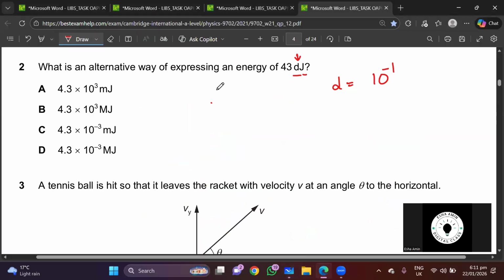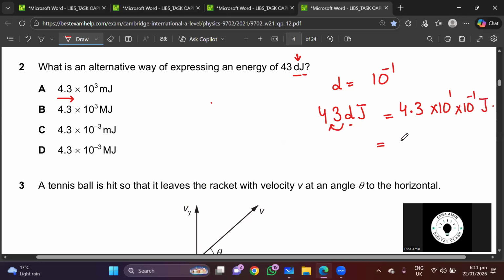Okay, and also they have written it in its scientific form, right? So if we write 43 decijoules and we shift this decimal from right to left, it will be positive 1, right? So this will be 4.3 into 10 power 1, and the value of deci is 10 power minus 1 joules.